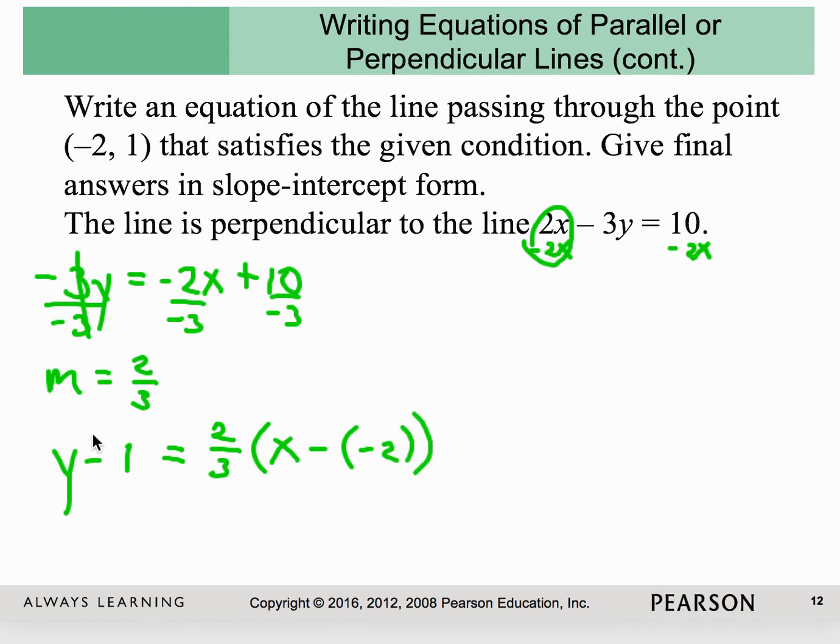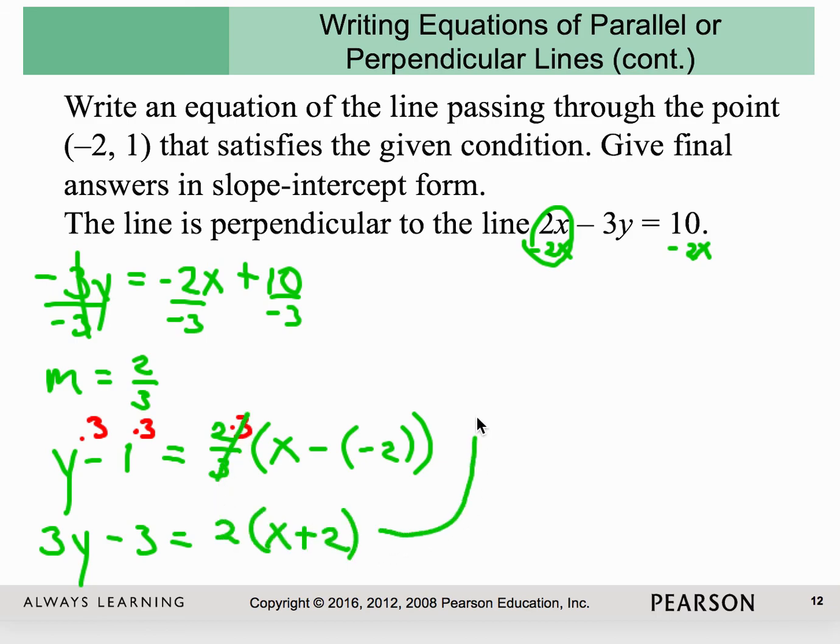Let's get rid of the fraction and the stupid double signs. 3y minus 3 equals 2 times x plus 2. So get rid of the parentheses. 3y minus 3 equals 2x plus 4.